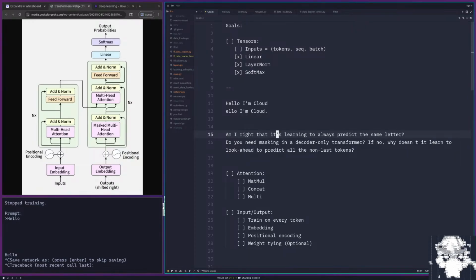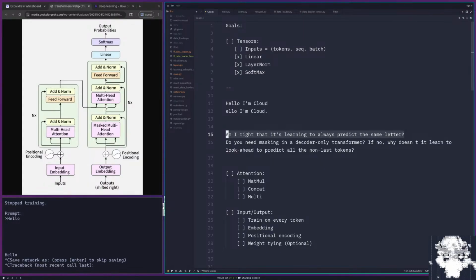Am I right that it's learning to always predict the same letter? I was hoping to be able to confirm that after training was finished, but training is not finished, so I don't know the answer yet.